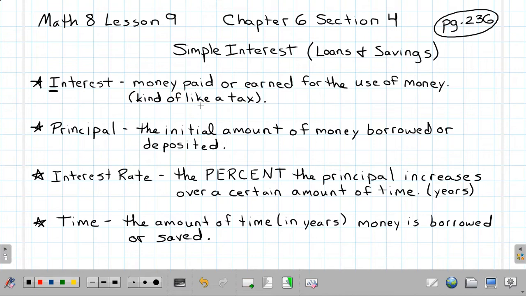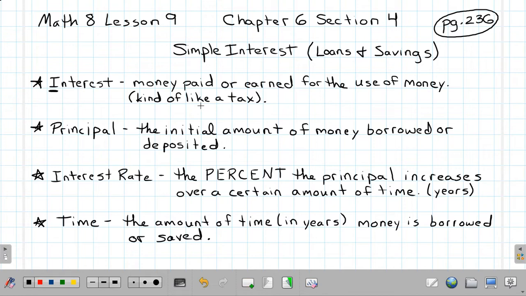So basically, when you borrow money, you have to pay a little bit extra to give the person who's giving you money incentive to even give you the money. Same thing with a savings account. The bank wants you to put money in your bank account so that they have money to use in their transactions during the day.